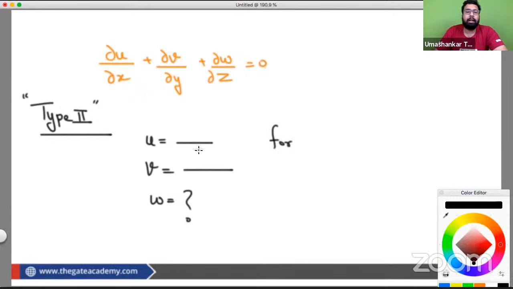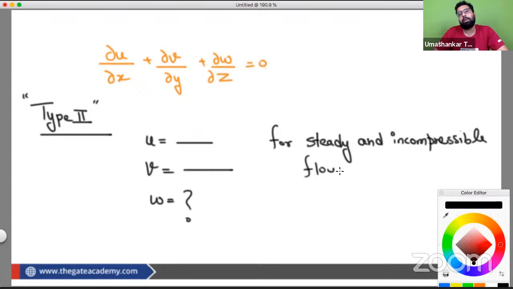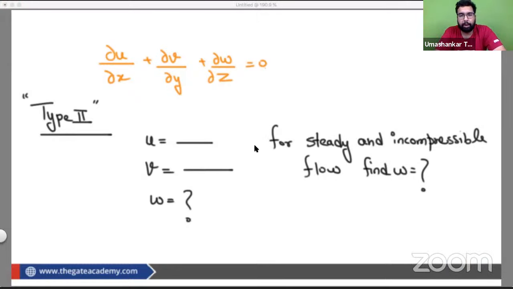They may say that if u is this, v is this, for steady and incompressible flow, find w. Find the third component, guys. So how are you going to do it? Can you guys do it or not? I hope we can very well do it. Yes or no? Please answer me. Right, we can very well do it.